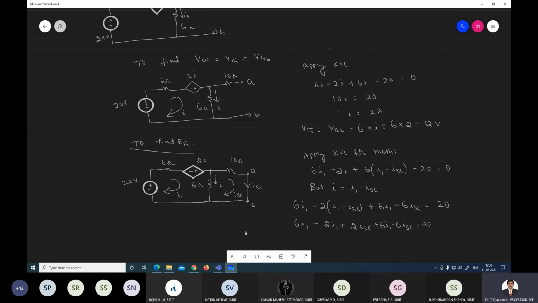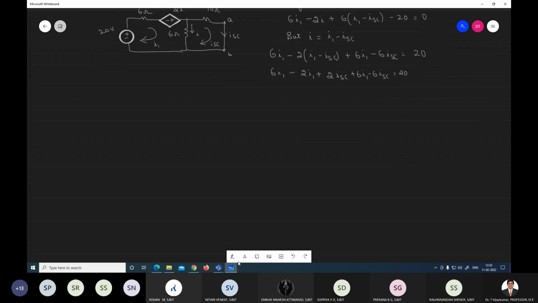Further simplifying, 6 plus 6 is 12, minus 2 is 10I1, and 2 minus 6 is minus 4ISC, so 10I1 minus 4ISC is equal to 20. Call this equation 1.